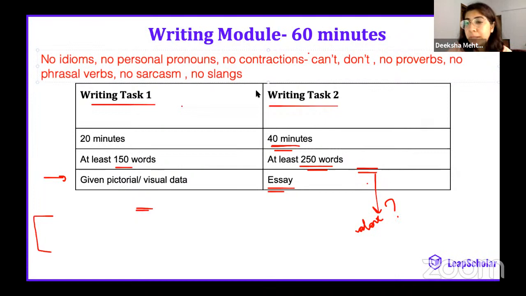No Manpreet, not in your writing. Can I use phrases? A phrase is a group of words. So what does that have to do with anything, right? No abbreviations, no short forms, right?